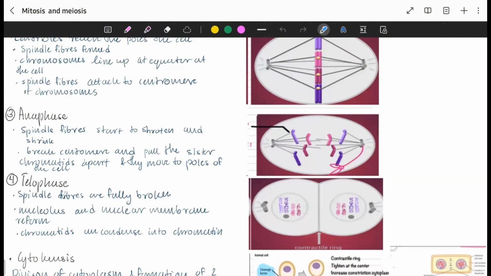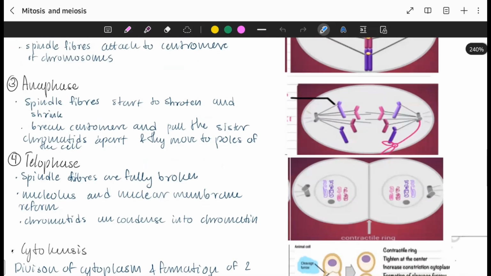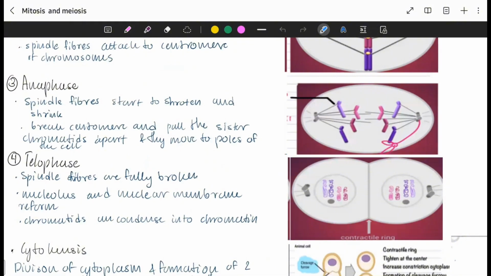For telophase, now that the chromatids are done being pulled, the spindle fibers' work is done, so they break down. The nucleolus and the nuclear membrane that broke down in prophase will reform, and the chromatids will uncondense and form chromatin.